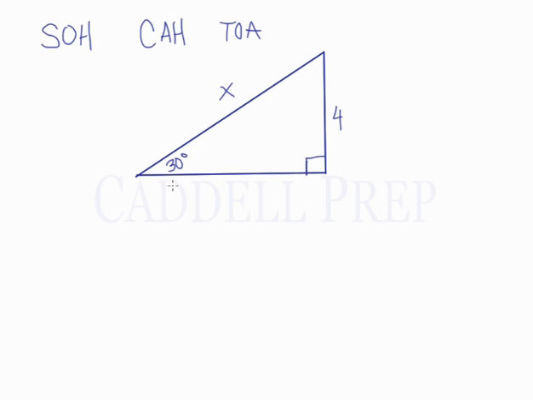Okay, now let's figure out what sides we have. 4 is across from the angle, so that's the opposite side. X, which we're looking for, is across from the right angle, so that's the hypotenuse.